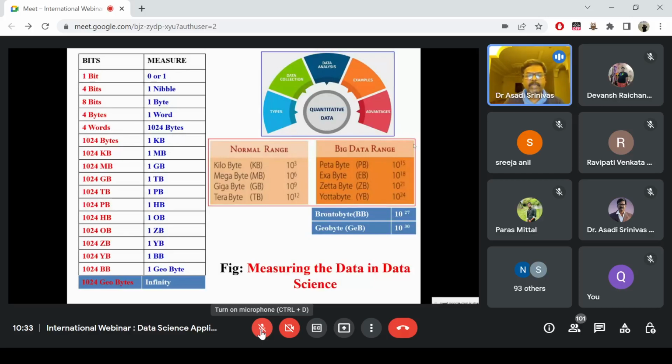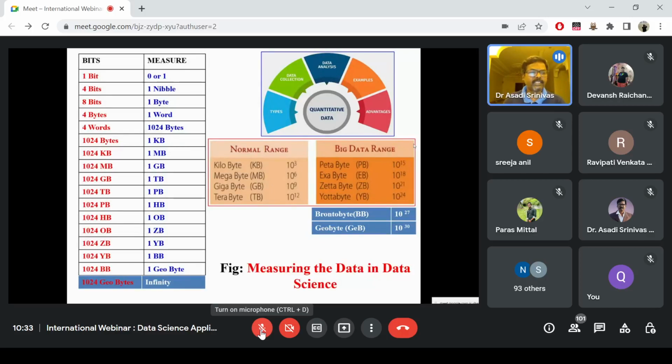After that, gigabytes, terabytes, petabytes, exabytes, zettabytes, yottabytes, brontobytes. 1024 brontobytes is equal to 1 geobyte. 1024 geobytes is equal to infinity.